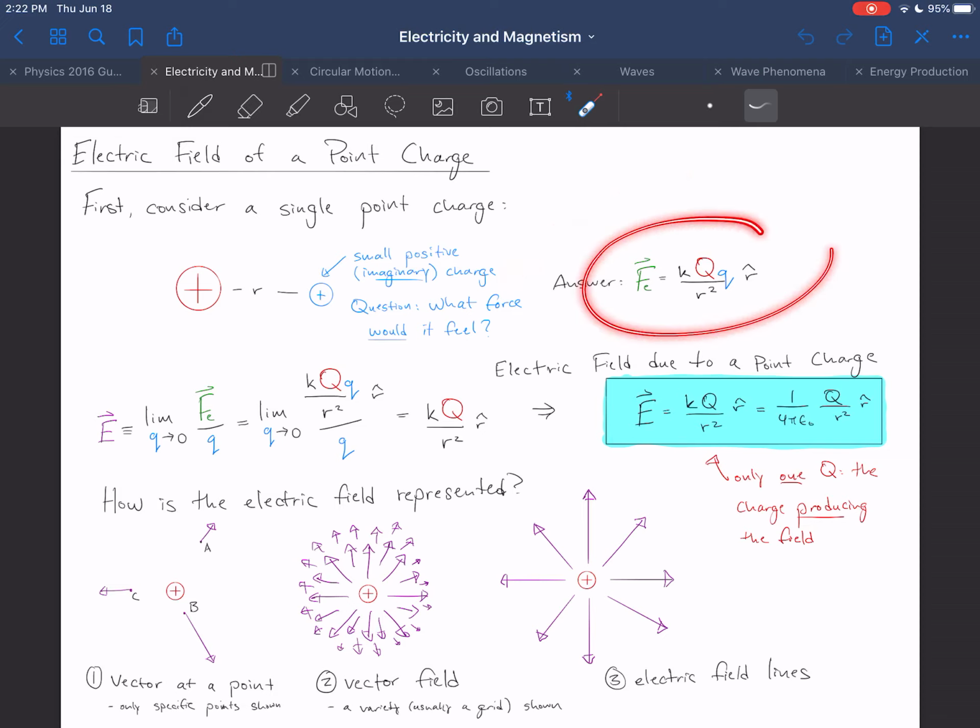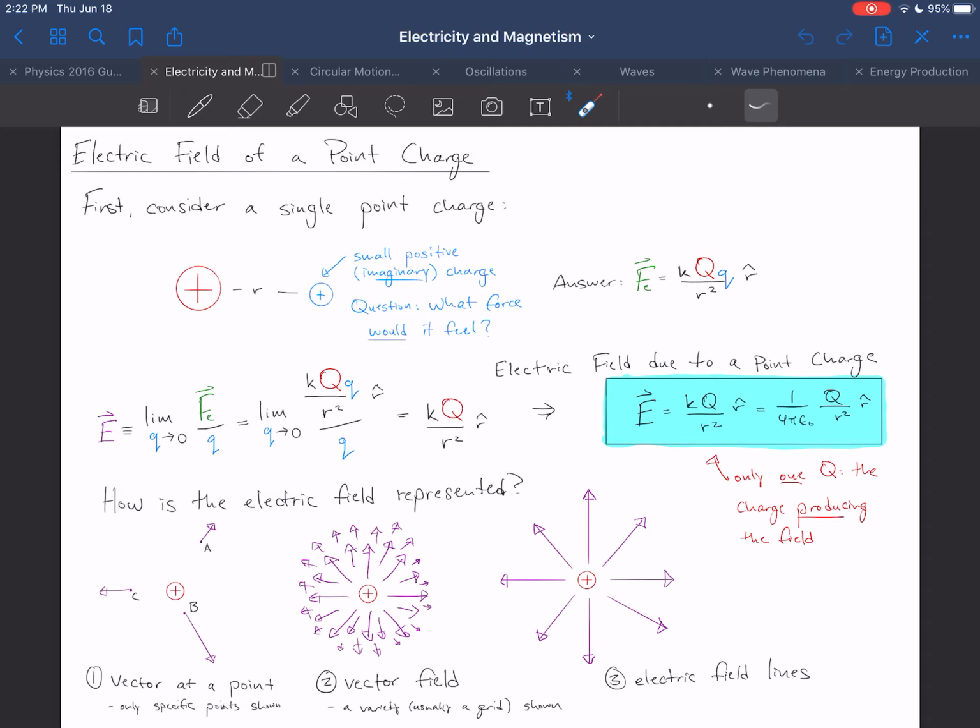Coulomb's law says that the electric force, that green force, is equal to k times Q. I'm going to use capital Q to indicate our source of field here. Little q, that's our imaginary point charge. So what would it feel if it were there? Divided by r squared, that's the distance away, r hat. So that's what the electric force would be on the small positive test charge placed right there.